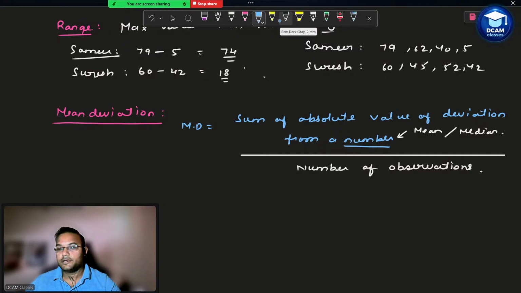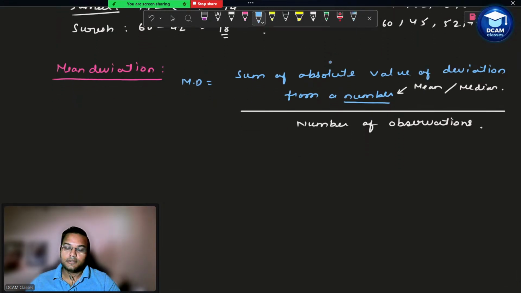You get the mean deviation. As simple. I'm not giving you an example, you will be able to do it yourself. It's not difficult. The second thing is mean deviation for ungrouped data.